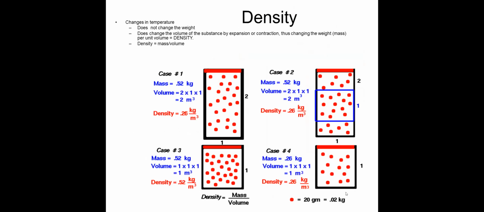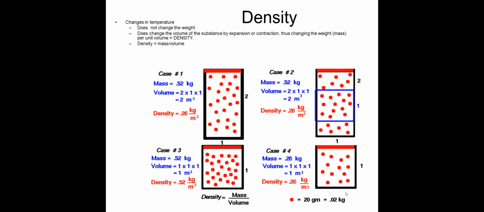Now, let's talk about density a little bit. We talked about temperature playing a role in increasing the pressure or volume by increasing the kinetic energy of molecules, causing them to move more and spread out. But what you also want to keep in mind is that changing the temperature does not necessarily change the weight.